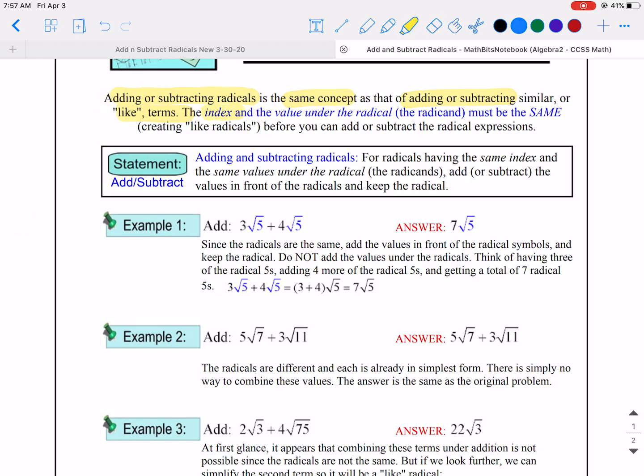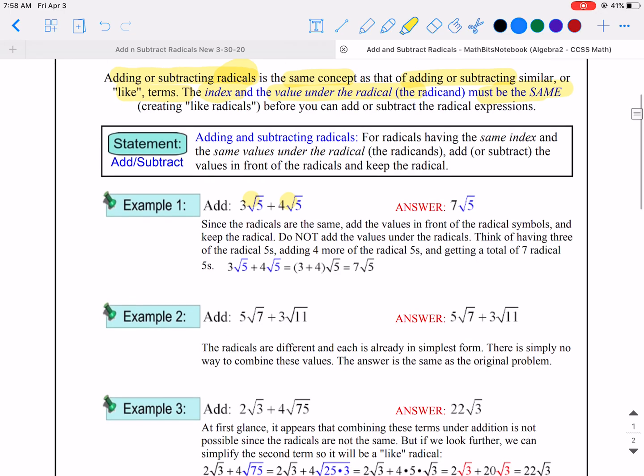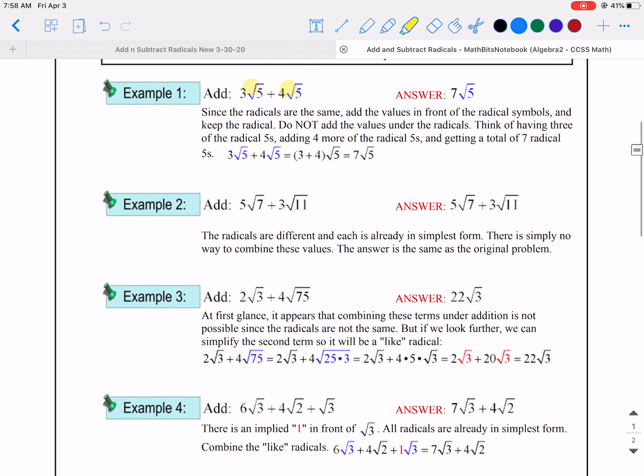the index for radicals, and if you remember what the index is, the small number, the root, and the value under the radical, which is called the radicand, have to be the same in order to add and subtract. So looking at example 1, I have 3 radical 5 plus 4 radical 5.